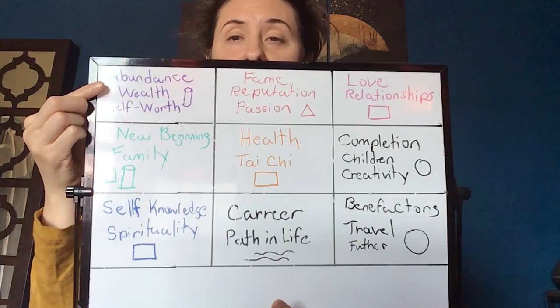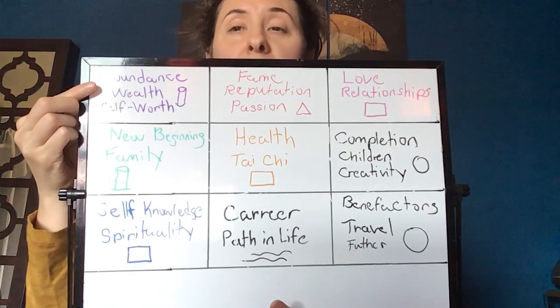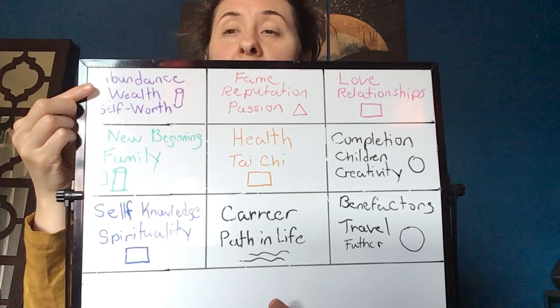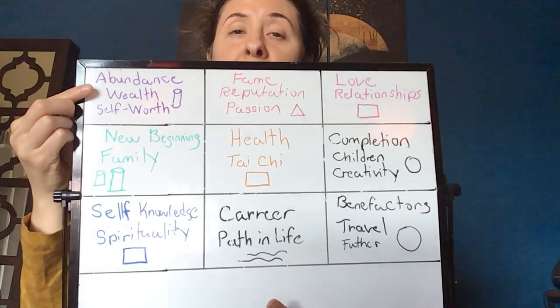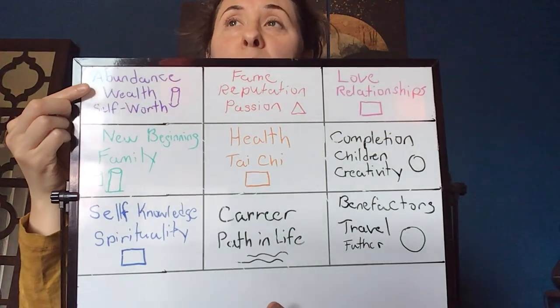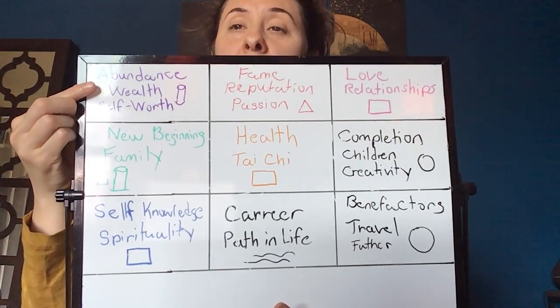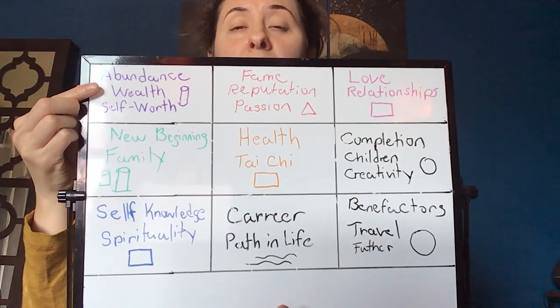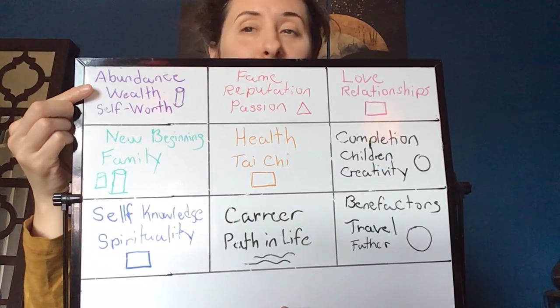So it is connected with your abundance, your feeling of abundance in the world, the actual money that you do have, as well as self-worth, which is very much connected to how much you feel you're worth? Like, do you feel comfortable asking for what you're worth?